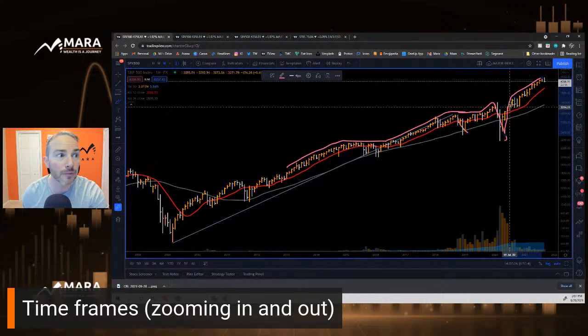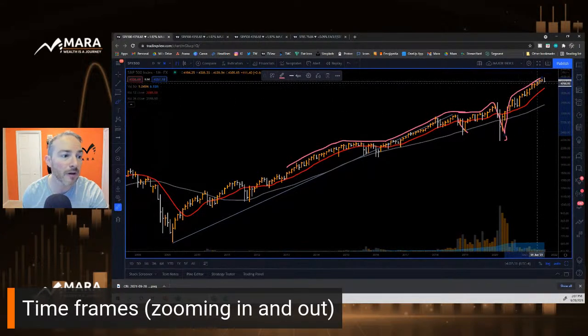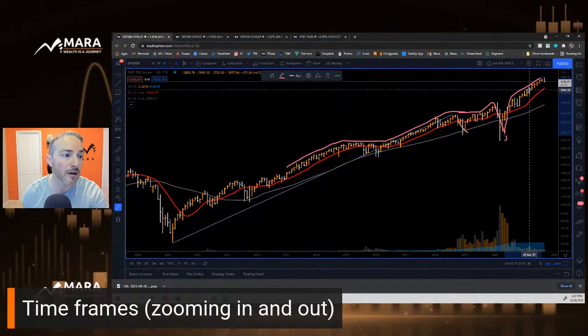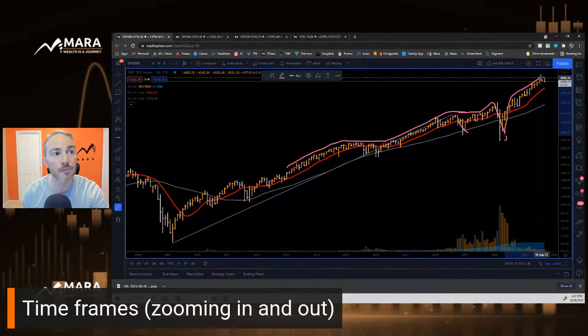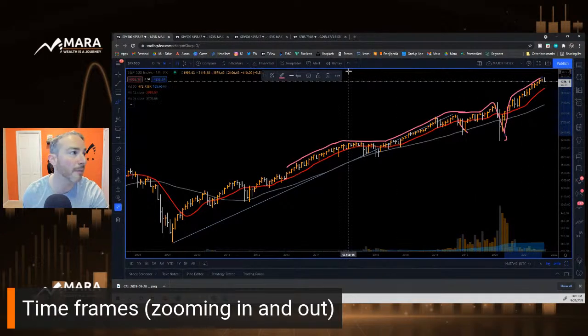This whole trend over here on the monthly time frame has been in a pretty clear uptrend since April. Since April, it's been just trending higher on the monthly time frame.